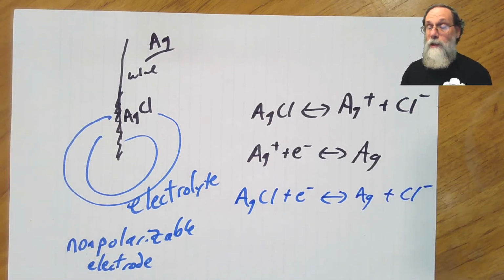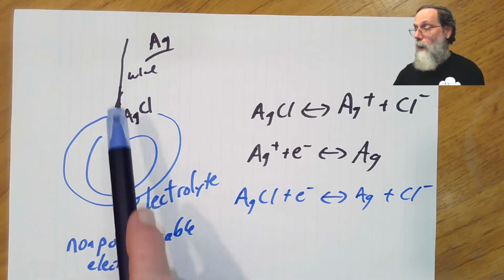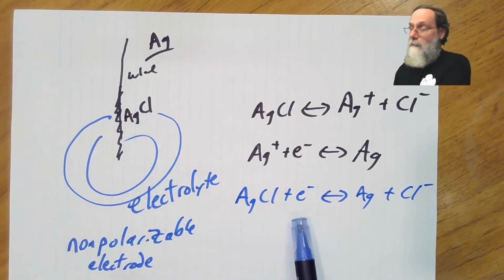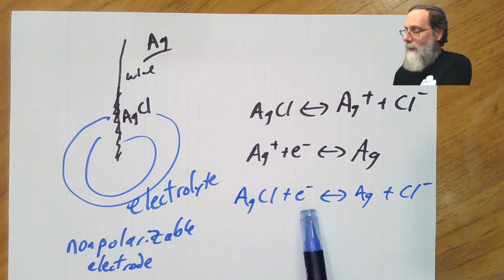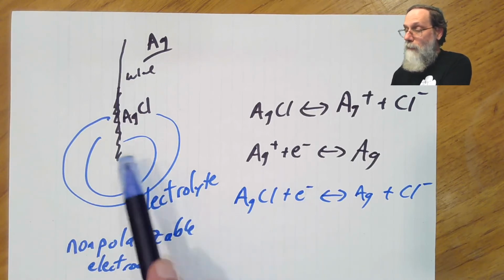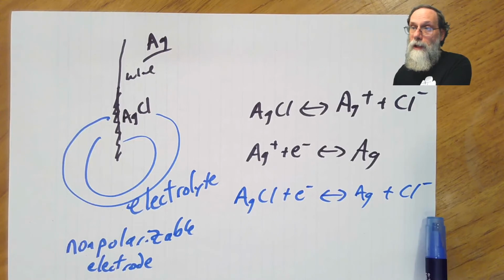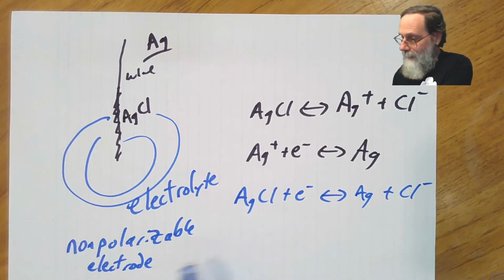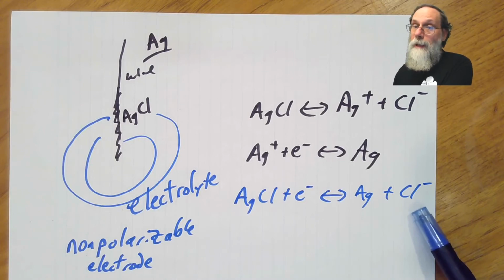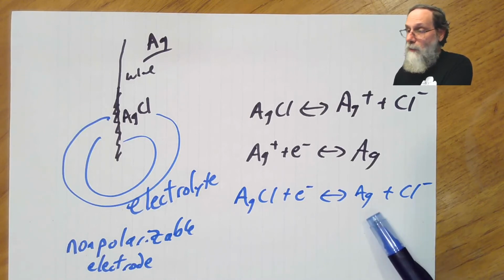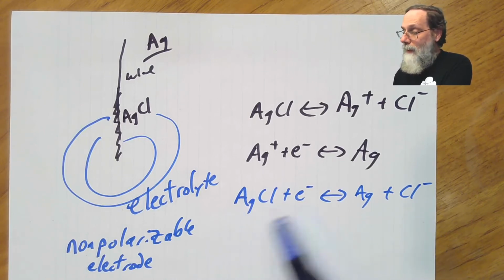This reaction is one that we can drive from the wire: if we put electrons through the wire, have a current, then the silver chloride on the surface of the electrode turns into silver, and chloride ions go into the electrolyte. Or if we take electrons out of the wire, we drive this thing in the other direction. Chloride ions come out of the electrolyte, reacting with the silver to make silver chloride and releasing the electrons to go up the wire.